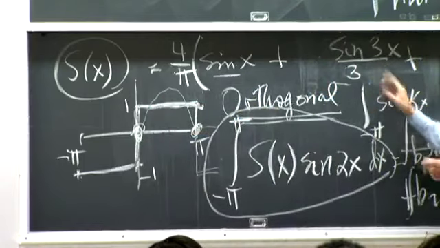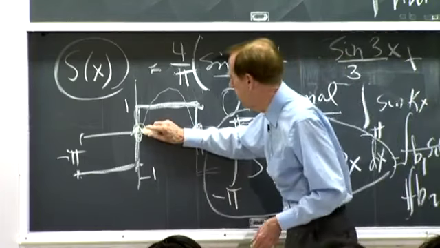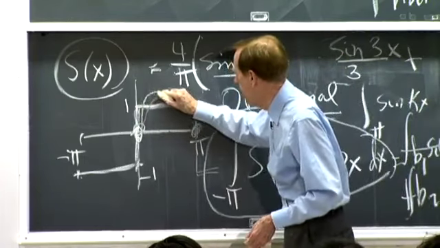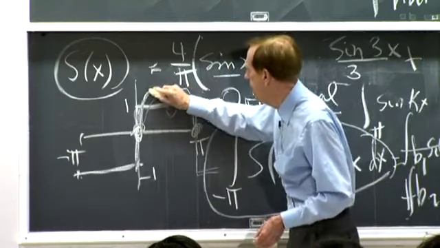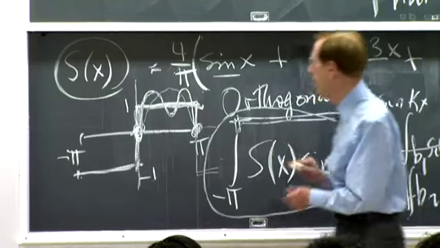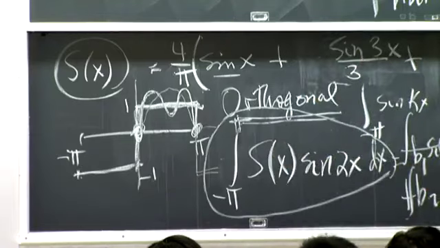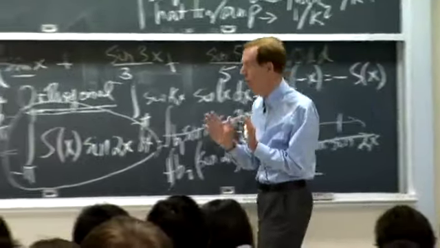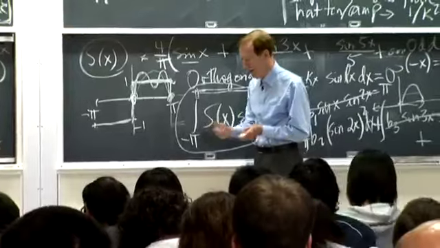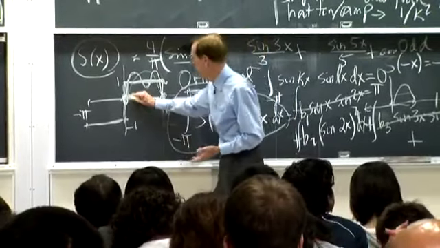But now when I put in sine 3x, I think it'll do something more like this. Do you see what's happening there? That's what I get with sine 3x, and of course odd on the other side. What do you think it looks like with sine 5x? You really have to let the computer draw it a couple of times.